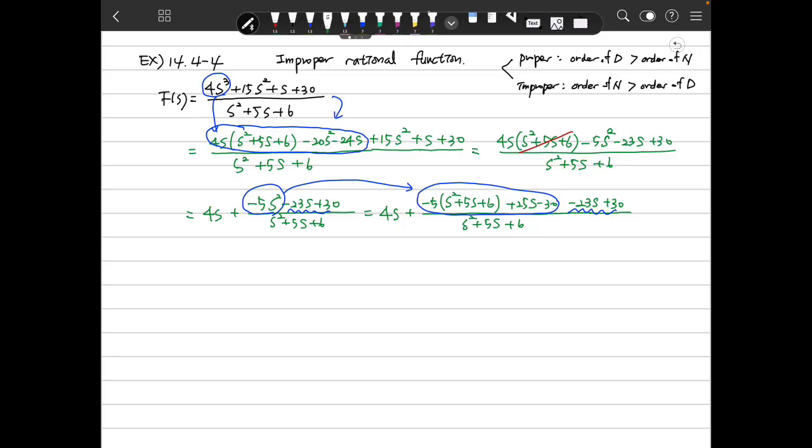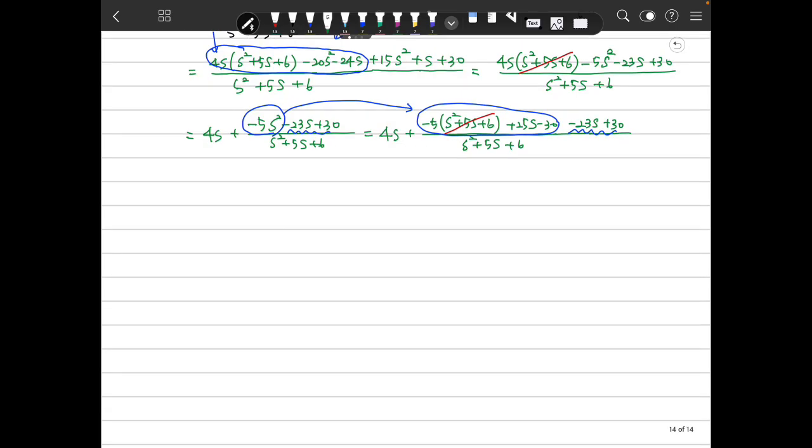So we can remove this, so there will be 4s minus 5 and 2s over s squared plus 5s plus 6. That's it.